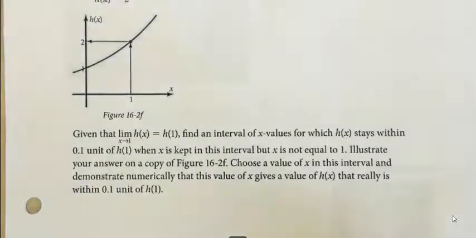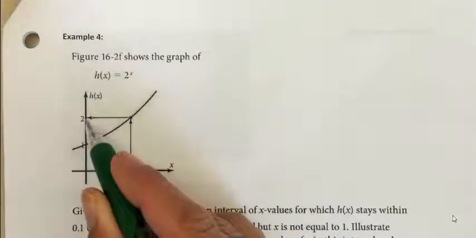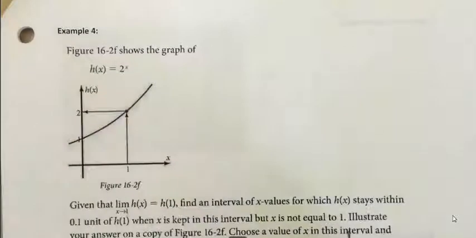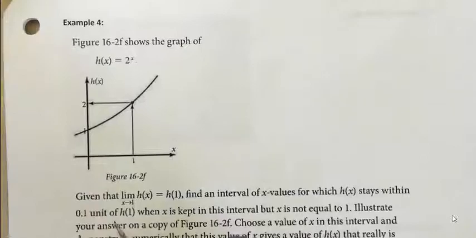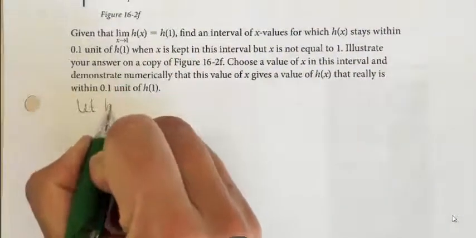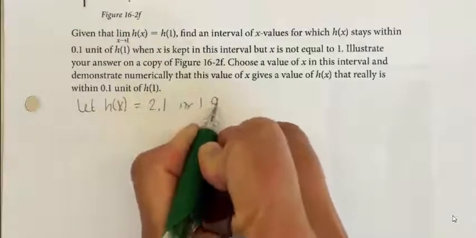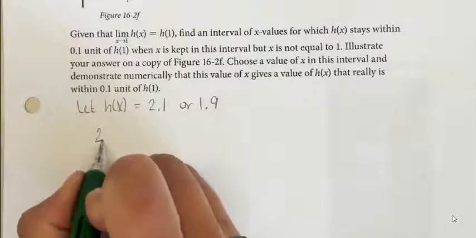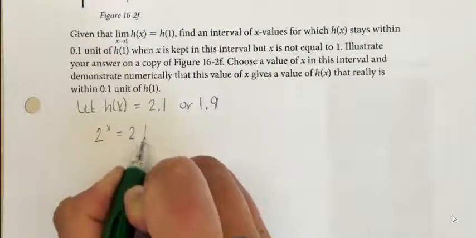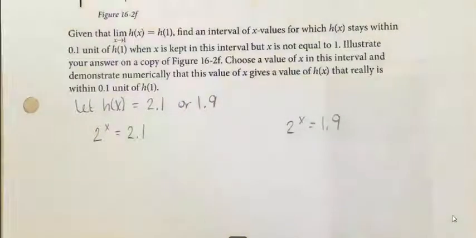So at 1, h of x is 2. Keeping it within 0.1 unit, I either want 2.1 or 1.9. So I'm going to let h of x equal 2.1 or 1.9, and set up those two different equations: 2 to the x equals 2.1, or 2 to the x equals 1.9.